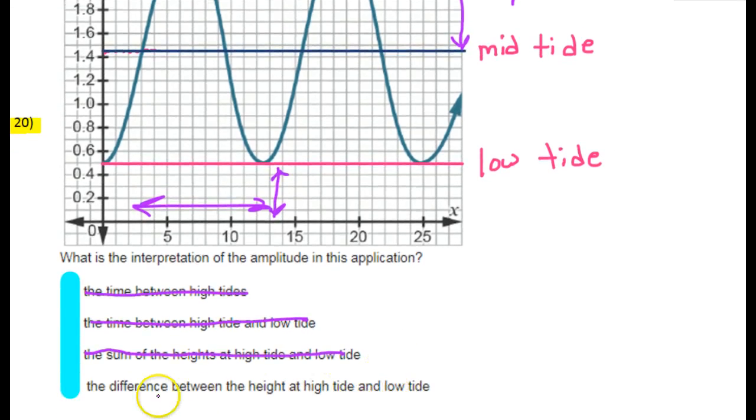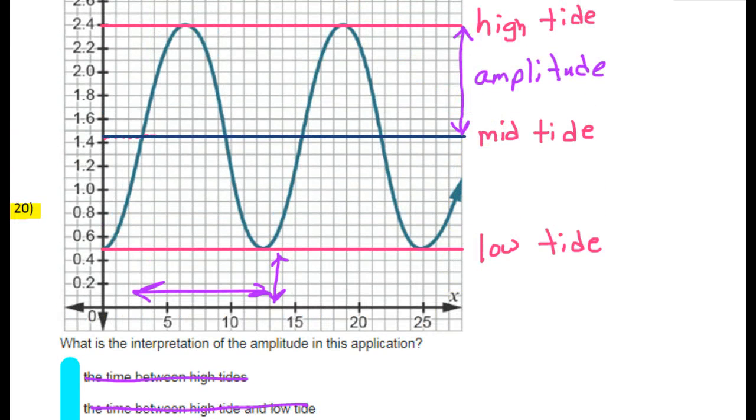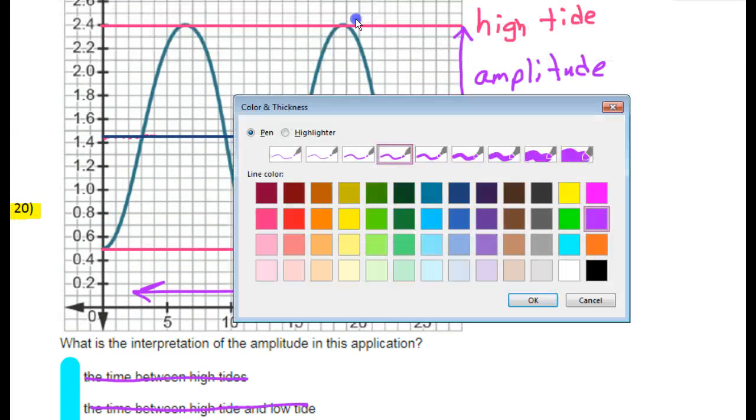Now I'm a little bit at a loss because that leaves me with this last one, which I really didn't think was accurate either, but I'm going to pick it. Out of these four, I'm going to pick this last one. The difference between the height at high tide and low tide. Now the way I understand it, the difference between the height would be the whole thing.